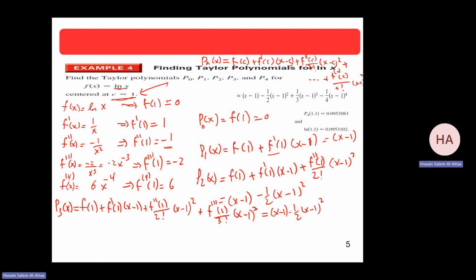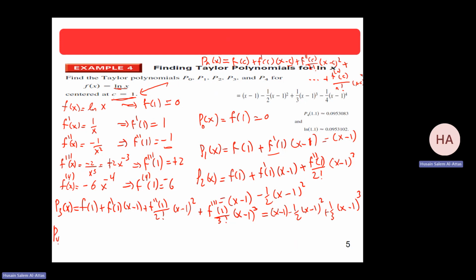Now what is this? 1 over 6. And this is minus 2 over 6. No, sorry. This is plus. Yeah, this is plus. This is minus. So this is plus. So 2 over 6, plus 1 over 3 x minus 1 cubed.